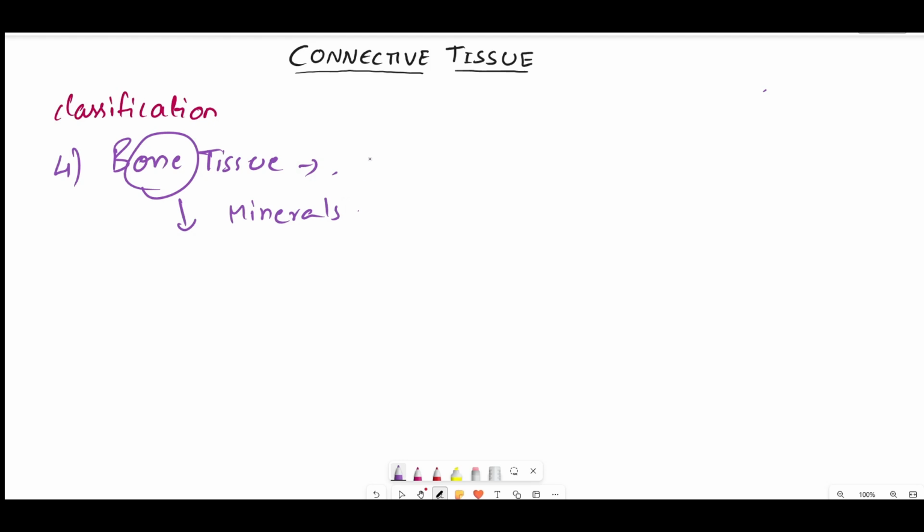In this bone tissue, we have a few important terms. The first one we'll call the periosteum. The periosteum is an area that covers the bone. It will be surrounding the bone.